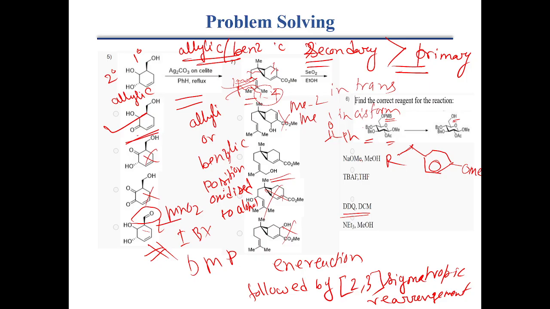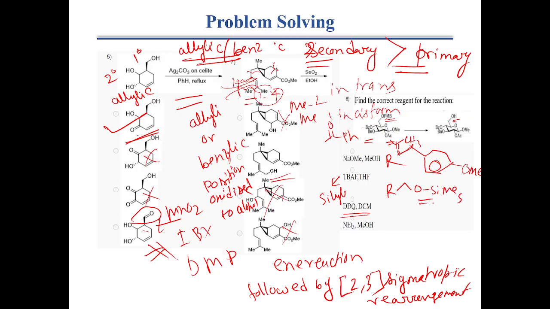In the sodium methoxide case, this acetate group COCH3 or COPh will be deprotected. In the TBAF case, there is nothing. TBAF is a deprotecting agent of silyl groups such as ROSiMe3.